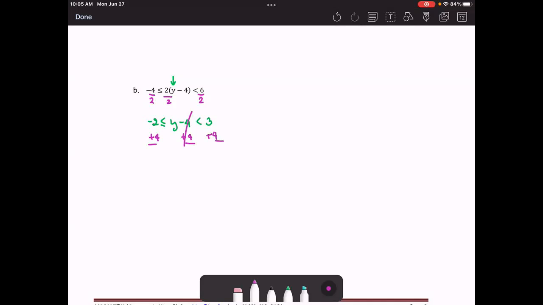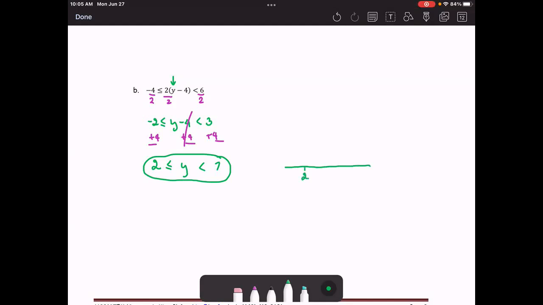So 4 and negative 4 are gone. We have y in the middle, the left-hand side becomes positive 2, and the right-hand side becomes positive 7. At this point, we are done, and we have the solution of this compound inequality problem.